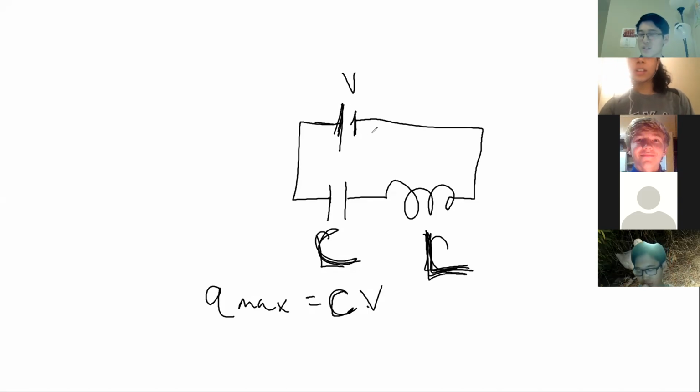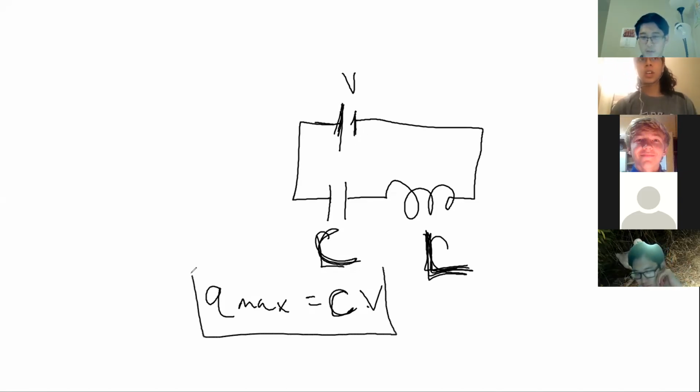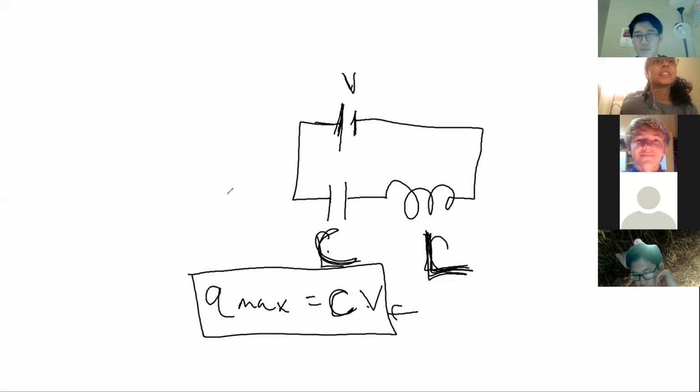Yeah. Then you would just use this equation, the capacitance times the voltage. I thought it was going to be, once it starts oscillating, what is the max charge. And it's actually going to be the exact same answer, because energy is conserved. Yeah, true. Okay, cool.